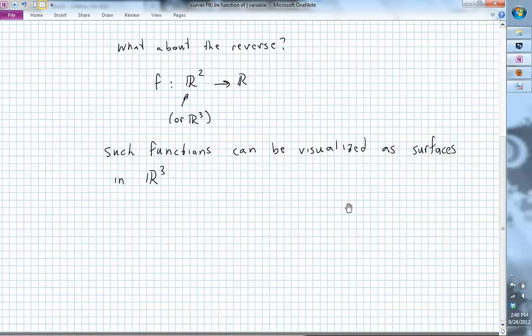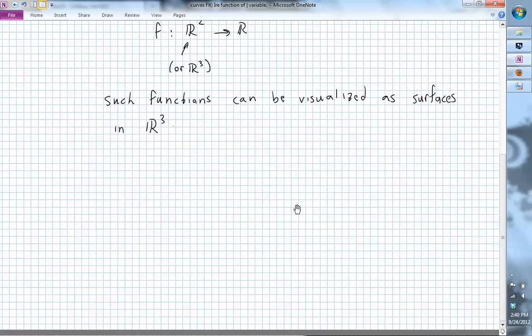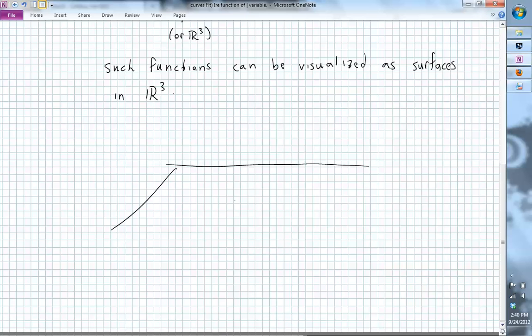Okay, we're going to take that same idea and do it with these functions from R2 to R. The only difference is instead of plugging in 1 number and getting out a number, you're plugging in 2 numbers and getting out a number. How do you plug in 2 numbers? You start with a plane. And you pick a value.